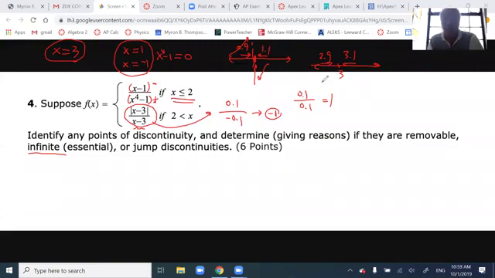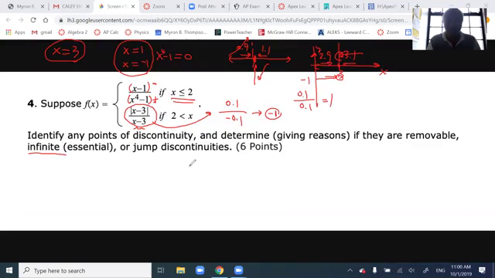So from the left side, the function goes to -1. Like this one: this is y, this is x. On this side the function is -1, and on the right side you get +1. That belongs to a jump.